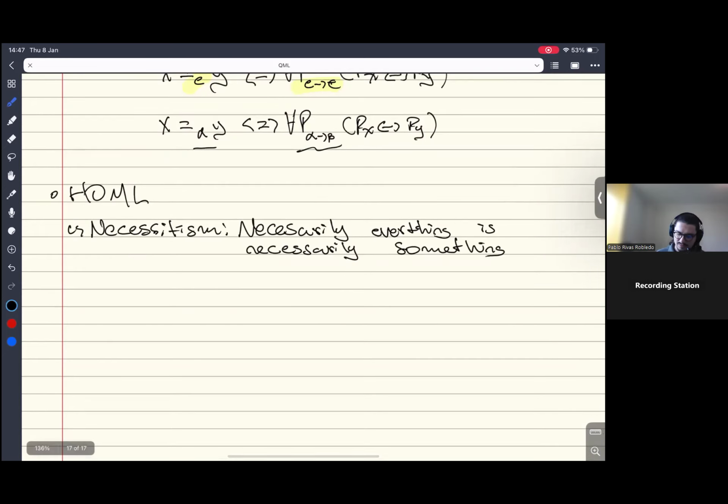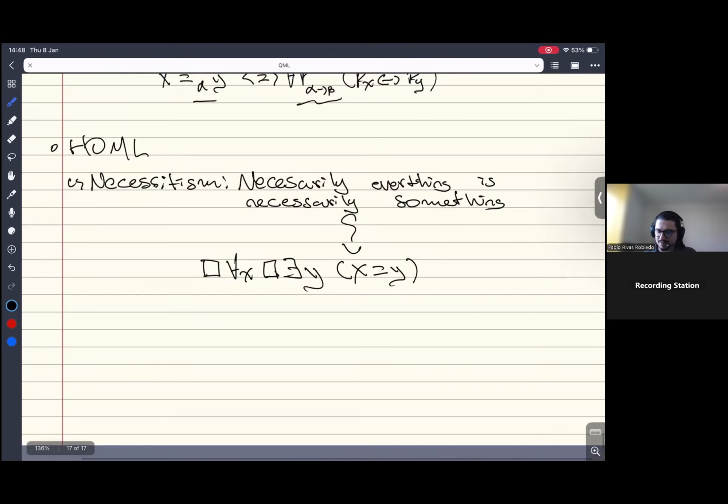And Williamson says the way of formalizing this is: for all x, box, for all x, box there is a y such that y equals x. So this is the thesis that he defends during the whole book. And he also defends the fact that no other interpretation of quantified modal logic can do better than necessitist S5.